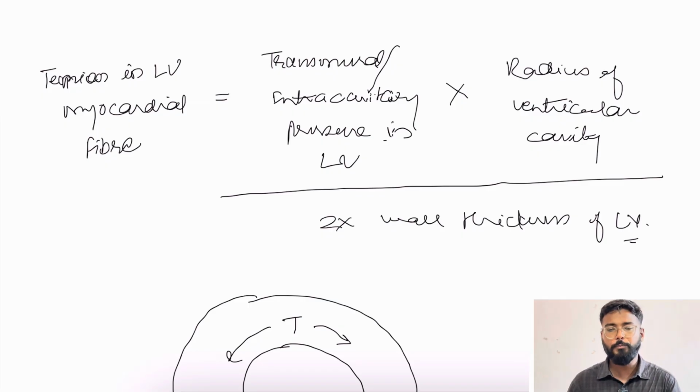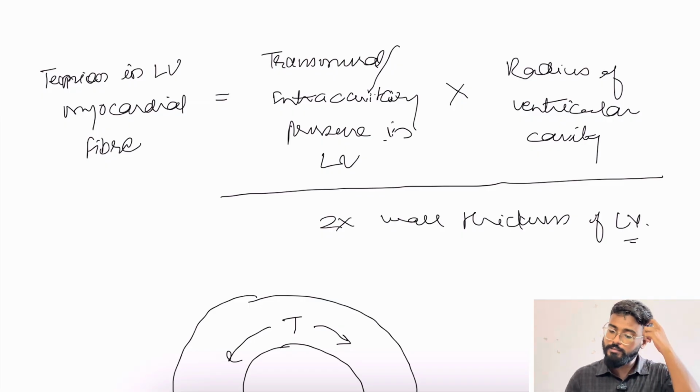So transmural pressure means the pressure inside the ventricles minus the pressure outside the ventricles. That is the difference of pressure around the walls: inside it is your ventricular pressure, outside it is your intrathoracic pressure.